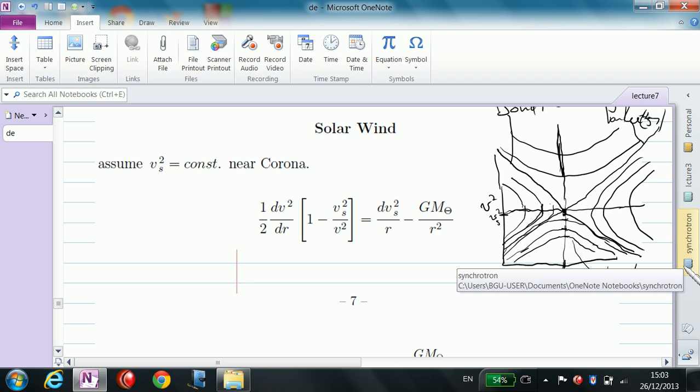In order for it to slow down, the pressure has to increase. So the idea is that it's subsonic, but very dilute. But as it passes the critical point, it starts to feel the interstellar pressure.